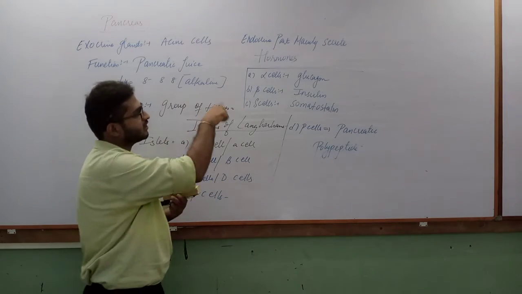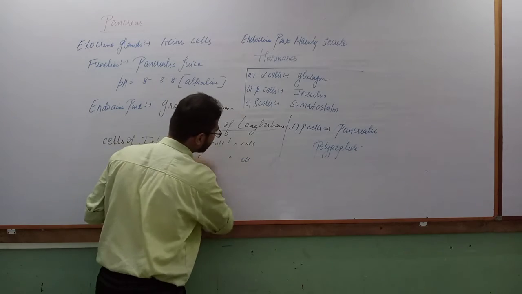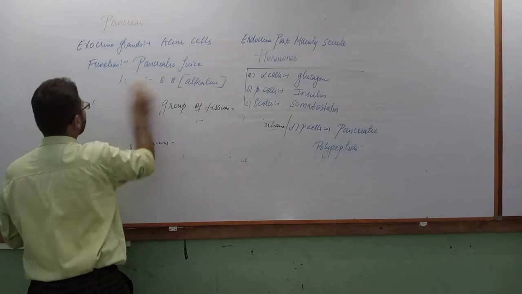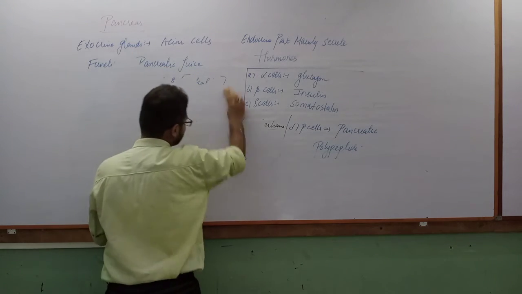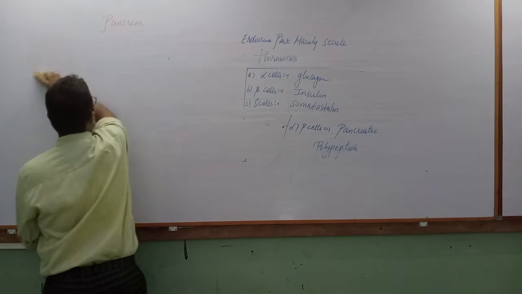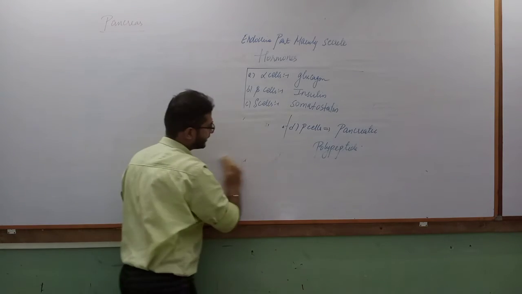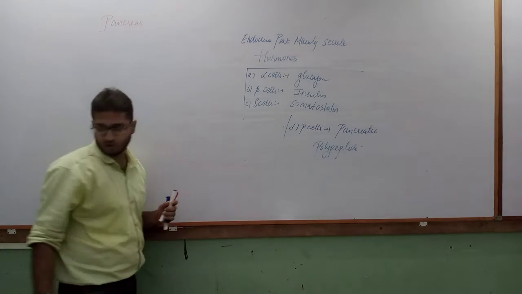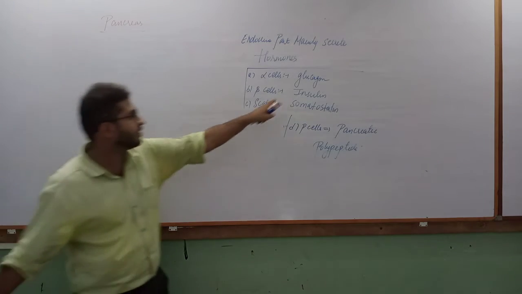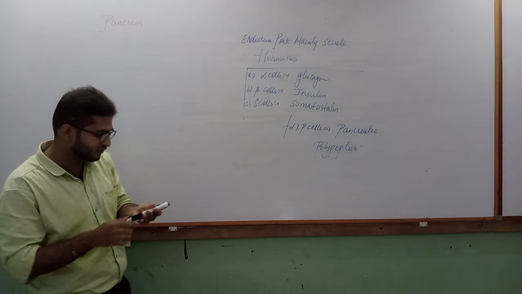Now let us discuss the roles of each and every hormone: alpha cells, beta cells, delta cells, as well as pancreatic polypeptide. First is the role of the alpha cells, that is glucagon. There is one reaction that we have to write here in order to understand the role of these two hormones, glucagon and insulin, because both are opposite. It is called an antagonistic effect.